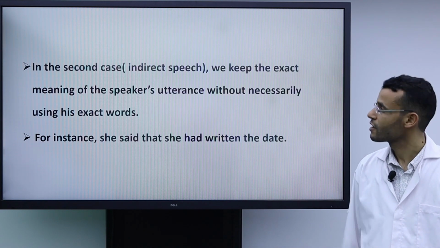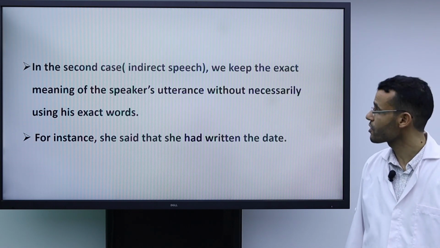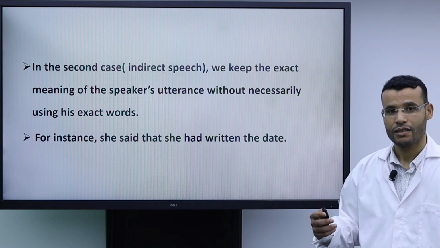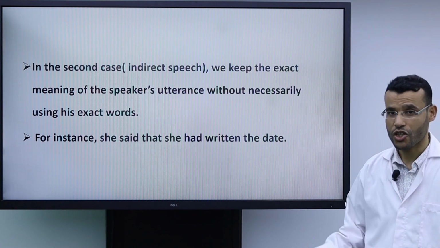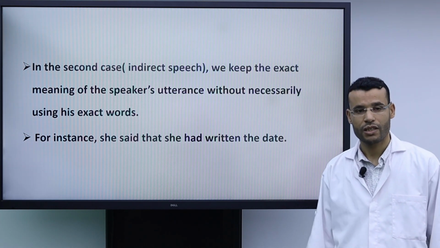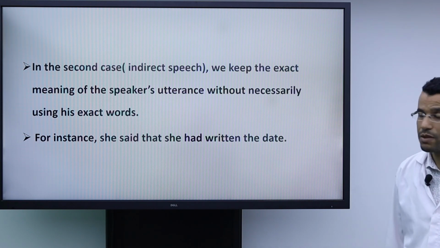Second, in indirect speech, we keep the speaker's exact meaning, but we can change his words. We are not asked to use the speaker's exact words, but we are asked to keep the meaning, okay?